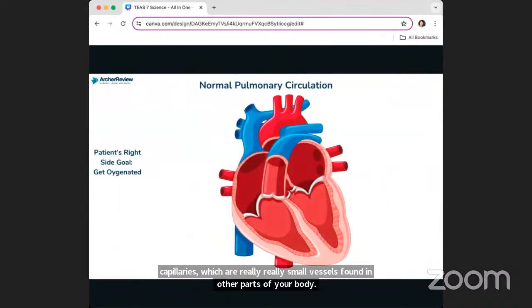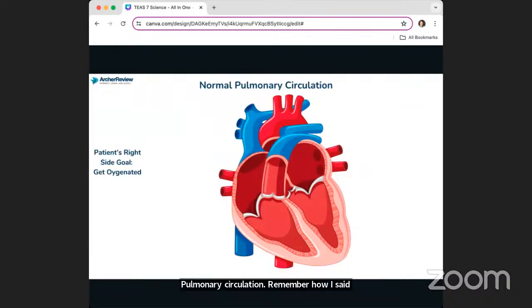So with normal pulmonary circulation, remember how I said there are two types of circulation in the cardiovascular circulatory system. Right now, we're going to talk about the pulmonary circulation. If you know anything about root words, or maybe you've taken a medical terminology class, which I highly recommend, you may recognize this root word: pulm means lung.